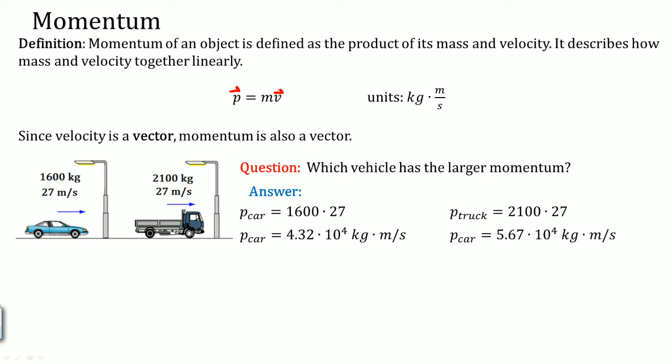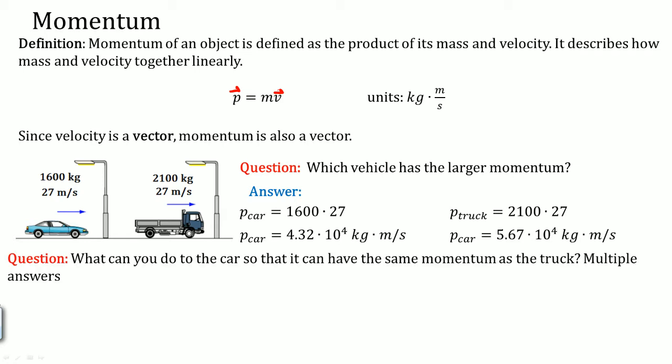Here you are just plugging in the mass and the velocity, getting a value here. So we see here that the truck has a greater momentum. The reason why it has a greater momentum is because its mass is larger than the car, and also they are traveling the same speed.